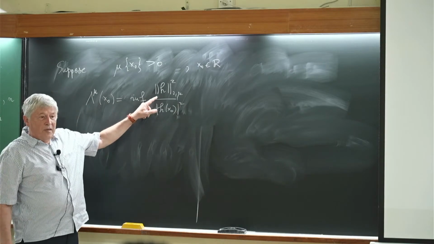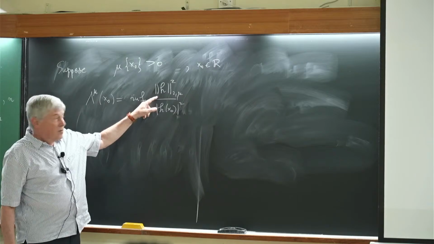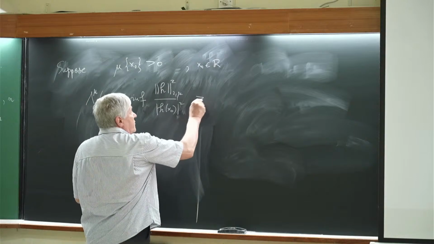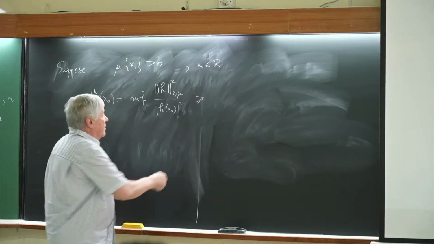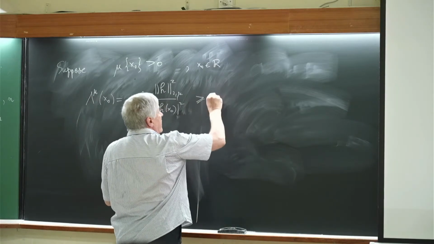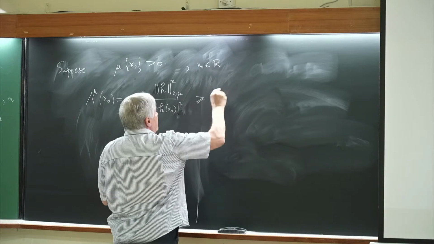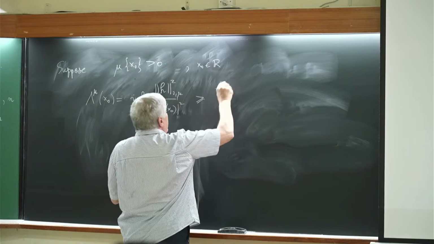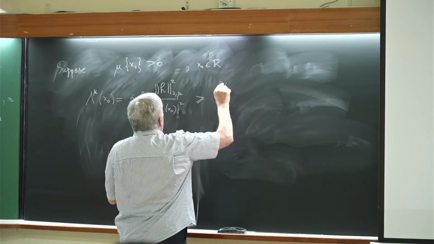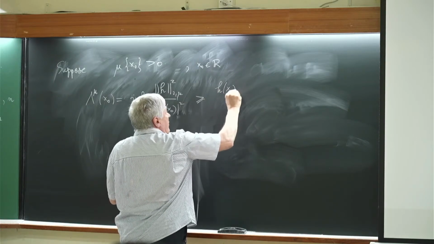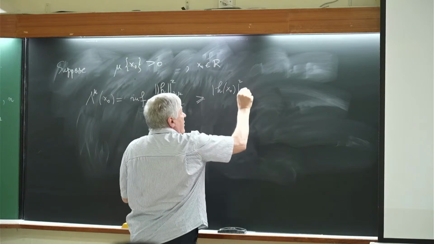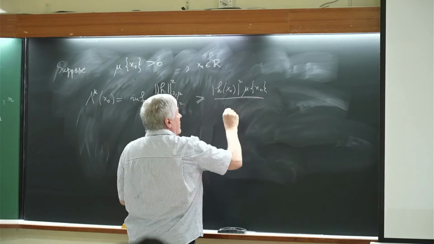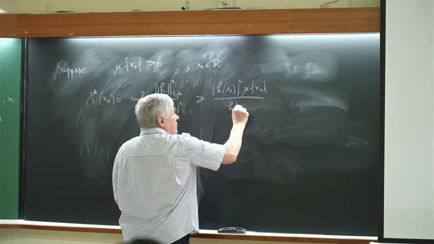But because this has a point mass, obviously this is bigger than the integral, and it will be the infimum in the end. The evaluation at x_0 times the point mass over h of x_0.